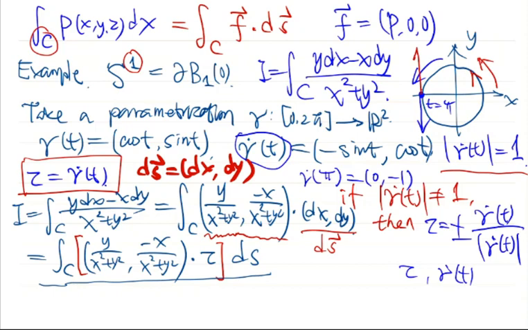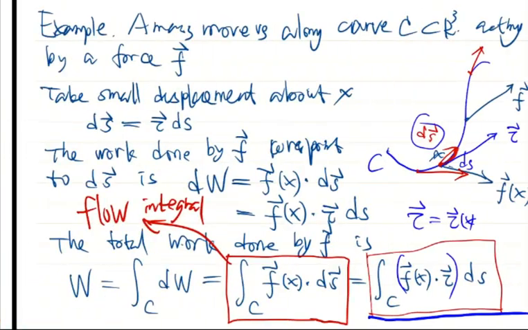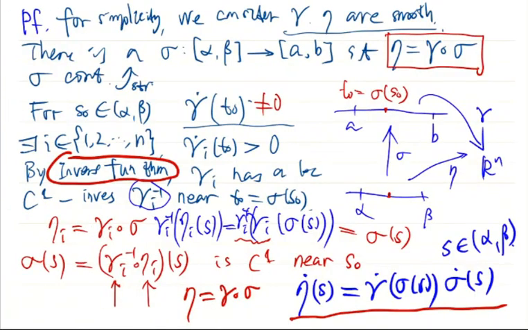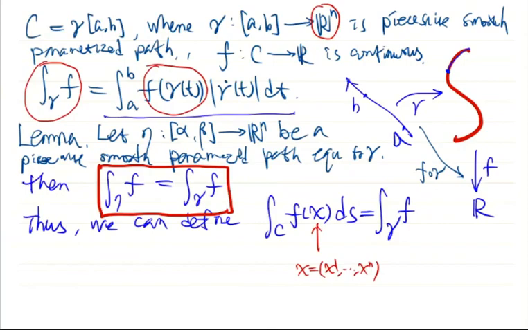To compute this, we will use the parametrization. Therefore, we substitute x equals cosine t, y equals sine t inside this integral. By the definition of line integral, we just studied line integral here.